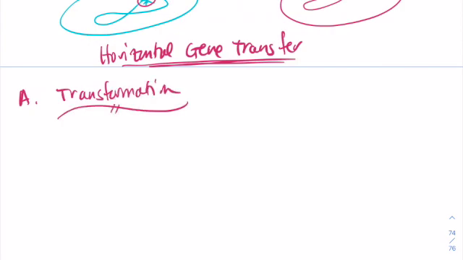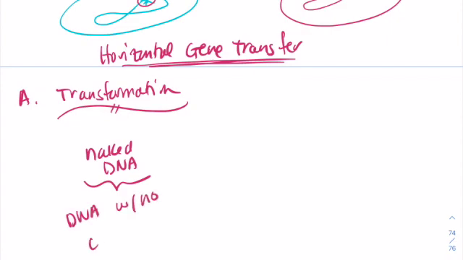We do this in the laboratory a lot, and it does happen naturally. So naked DNA is taken in. Naked DNA means DNA with no cell attached to it, with no cell along with it, let's say.